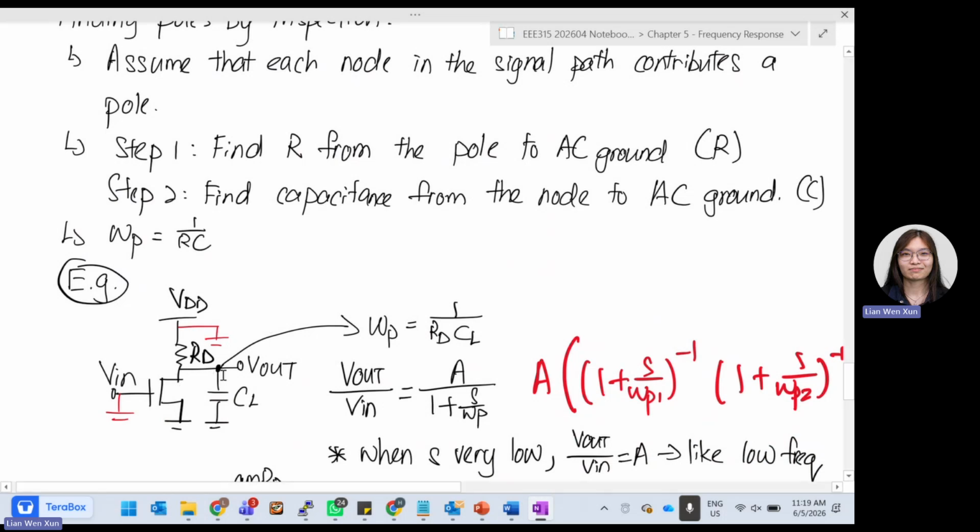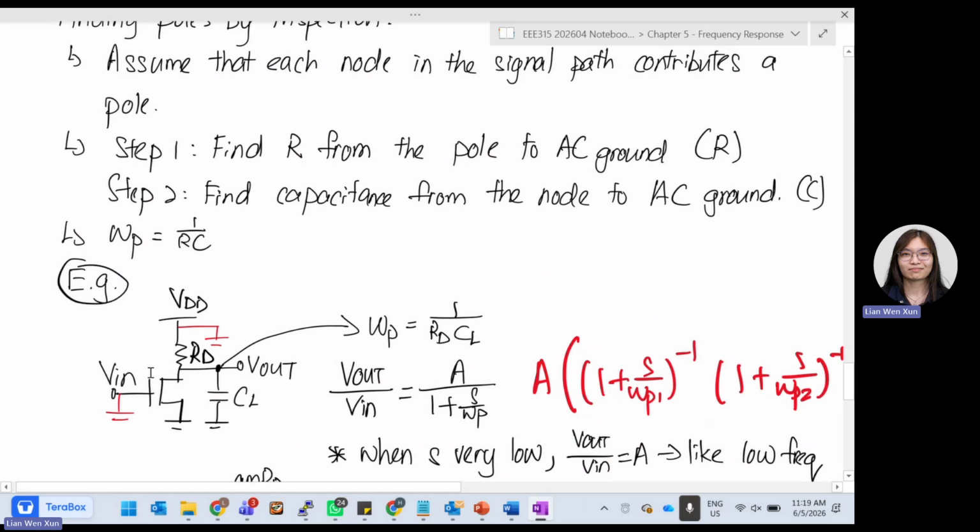So here at Vout, you have RD connected to it, you have the transistor connected to it, you have CL connected to it. So this is for sure a node already. And then remember, when we do small signal model, we have to ground VDD, we have to ground our Vin. Not really Vin, but in this case, this is not considered a port, because this is just input.